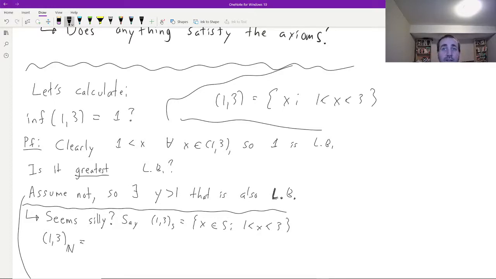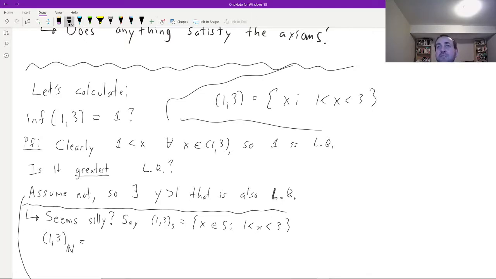So that part's clear. 1 is less than x for every element x in the interval (1, 3). So 1 is definitely a lower bound. Then we need to check, is it the greatest lower bound? In other words, is it possible that there's another lower bound that's bigger than 1? So how do you check something like that? Well, the usual step is to assume not, so there exists some y bigger than 1 that's also a lower bound.